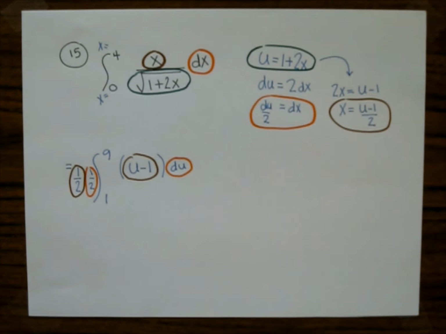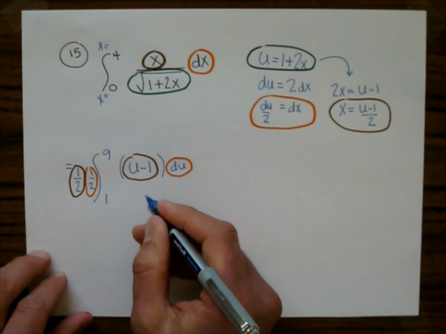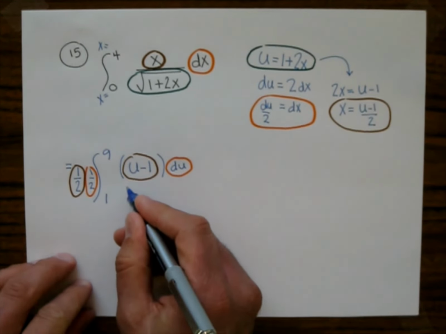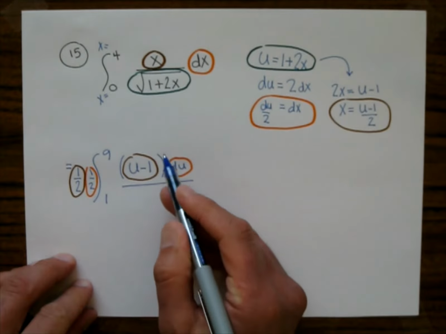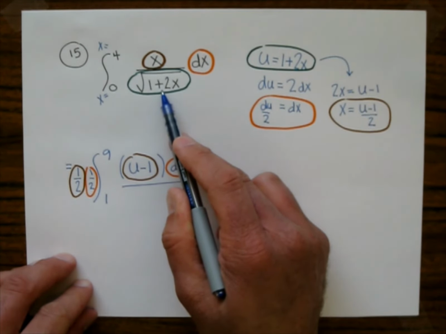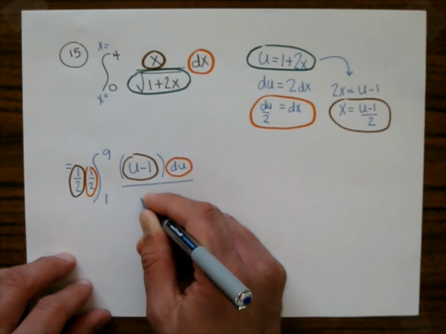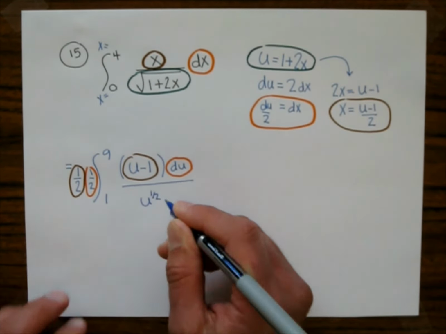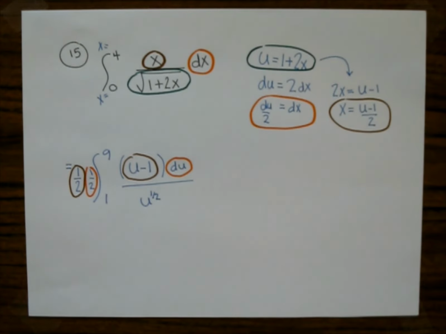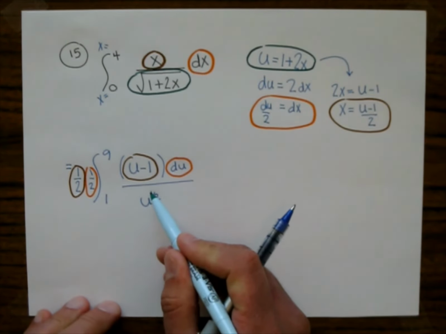Okay, so that's what the orange part became. And then the green part becomes, this is all over the square root of u, which is really u to the 1/2. And maybe at first glance you're thinking to yourself, we just made this integral worse.